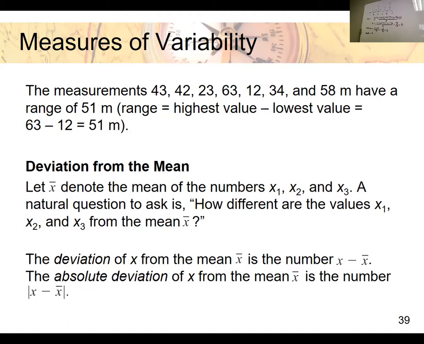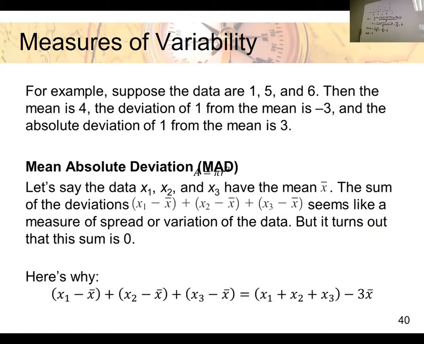All right, now on the next slide. Let's say the data was 1, 5, and 6. The mean would be 4, so that means you have to add 1, 5, and 6 together. That would give you 12. 12 divided by 3 would be 4. Okay. So for the data value 1, if we want its deviation, we have to do 1 minus the mean.